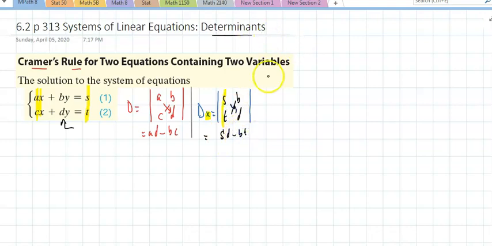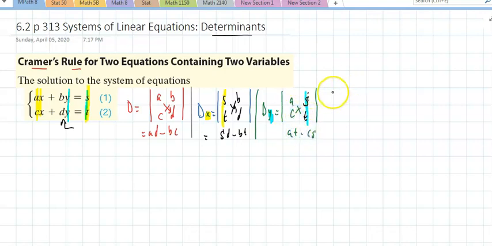And also he sets up d sub y to be, well, can you guess? If this is y, then he's going to replace the y by those constants, those are going to be the s and the t, and the x's will be the same, and that's going to be at minus cs.